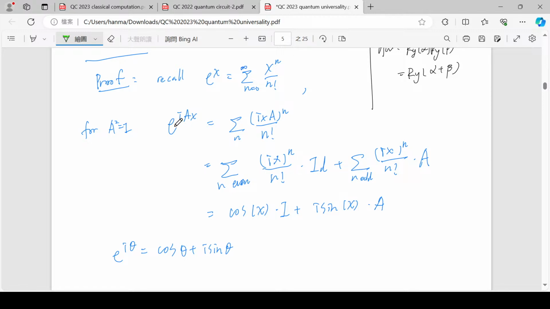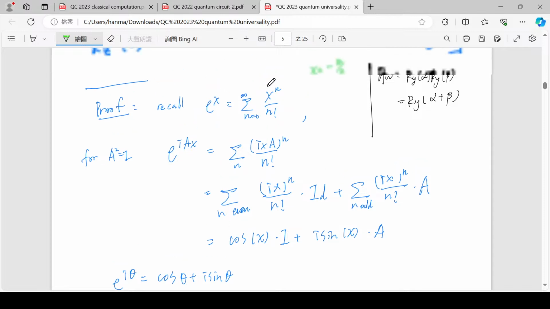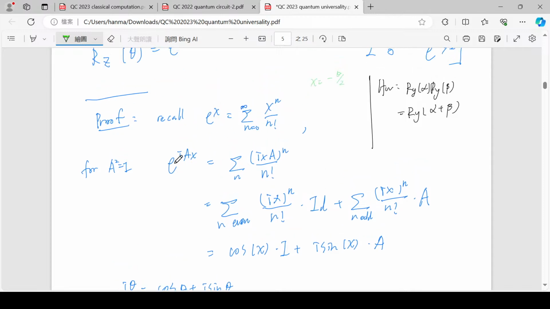As we said before, we can do this Taylor expansion of e to the x, and for this exponentiation of matrix A we can get the same Taylor expansion: the summation over n, and now x is ix, so just (ix)^n here.